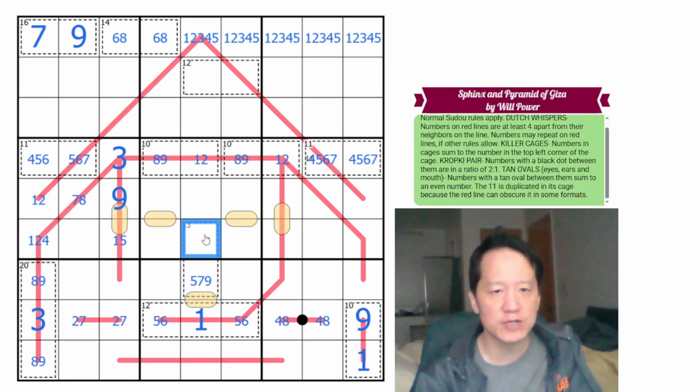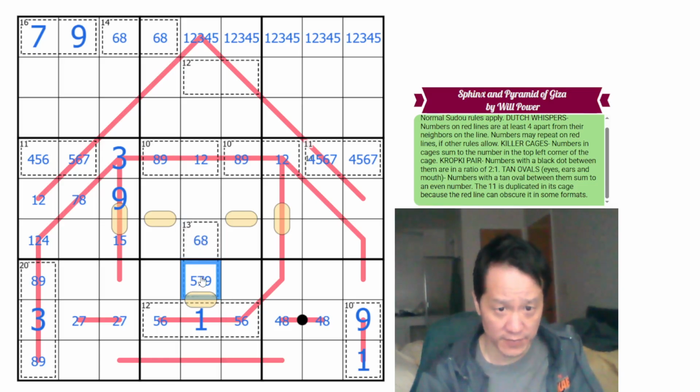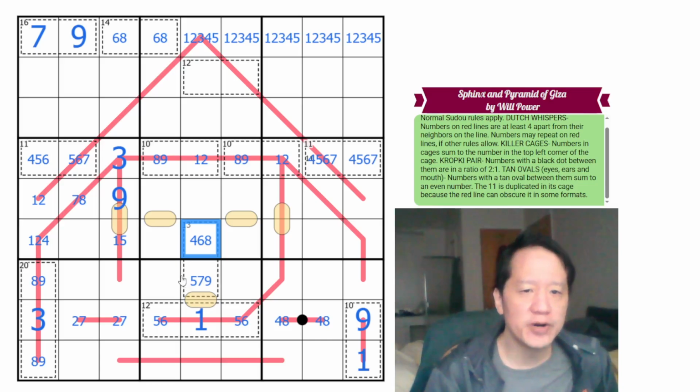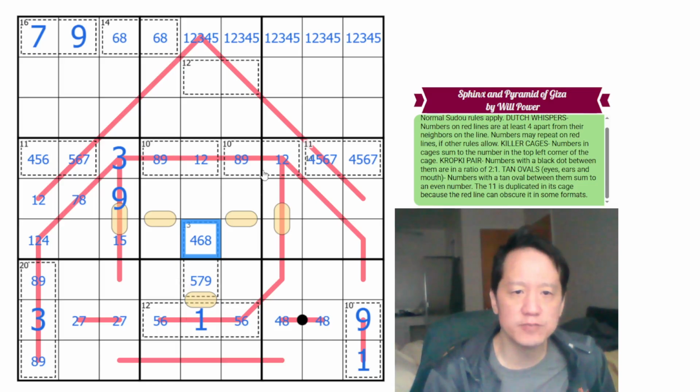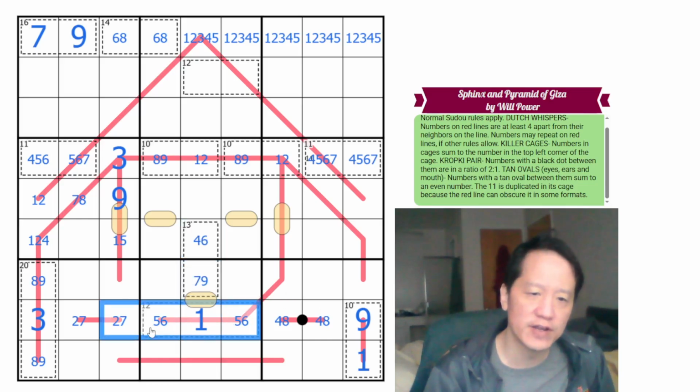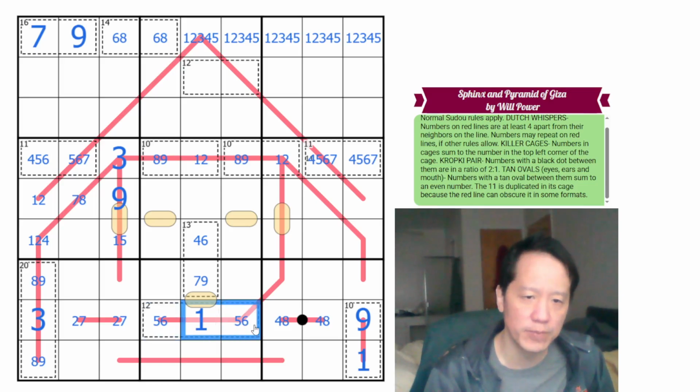If it's 5, this would have to be 8. If it's 7, this would be 6. And if this is 9, this would be 4. But the problem here is we have an 8-9 pair already in the central box, which means this can never be 8. So this can't be 8, which means this can't be 5. It couldn't be 5 anyways because this is a 5-6 pair here.